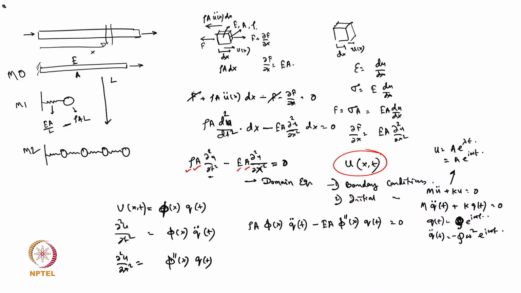Okay. So what can I write? Phi a. Both the q will cancel out.